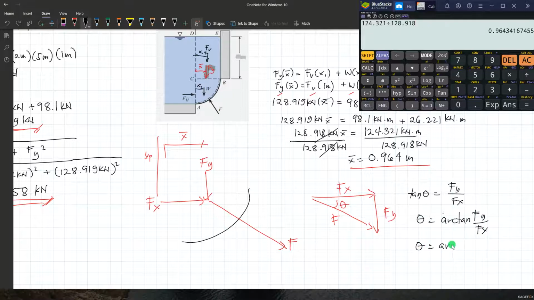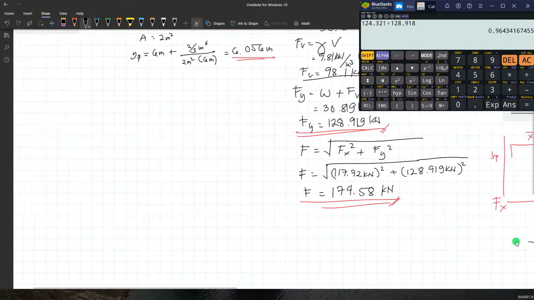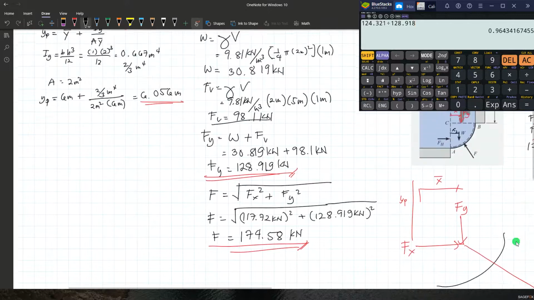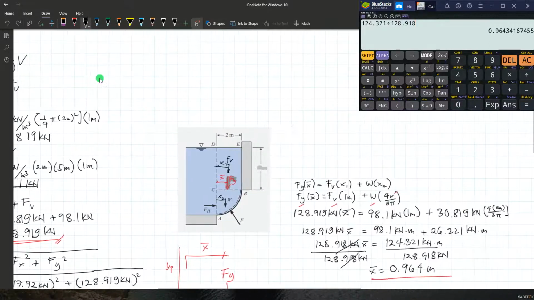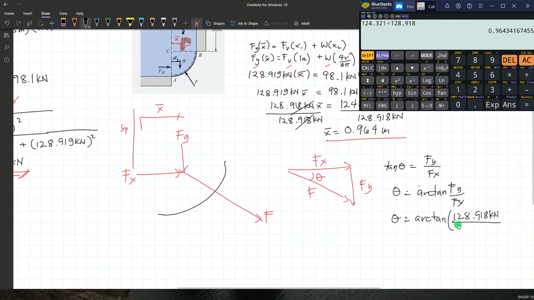So theta is equal to arctangent of Fy over f of x. Computing that, we have f of y, which is 128.919 kilonewtons, to be divided by f of x, which is 117.72 kilonewtons.